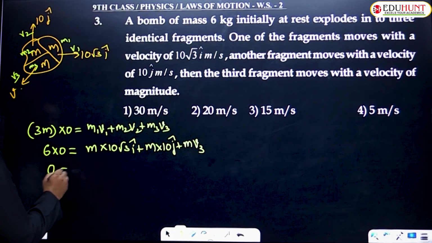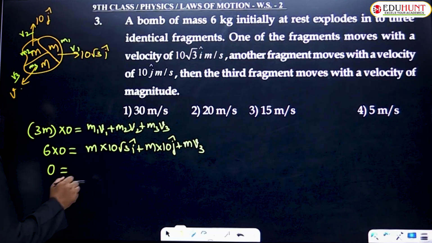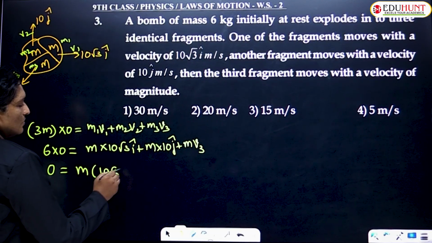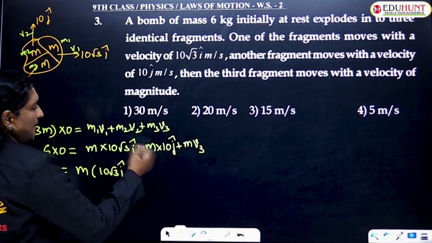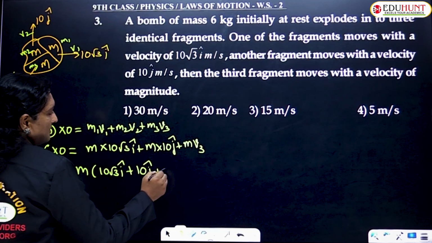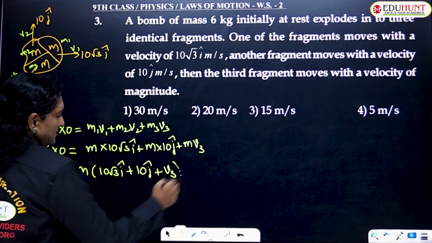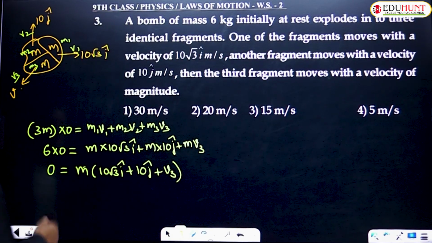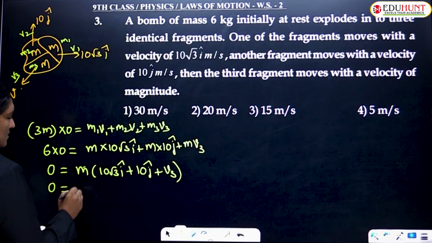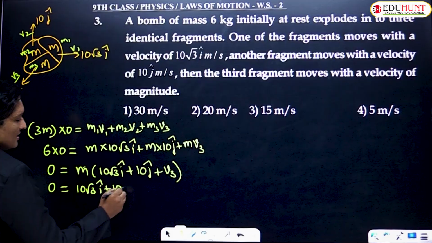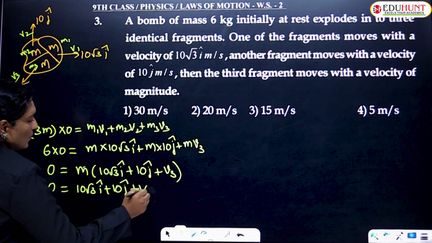So 0 must be equal to, what is common in all my children? M. This must be equal to m times 10 root 3 I cap, m taken common 10 j cap, plus m taken common V3. So this m, if brought to the left side, 0 by m will be 0, equals 10 root 3 I cap plus 10 j cap plus V3.